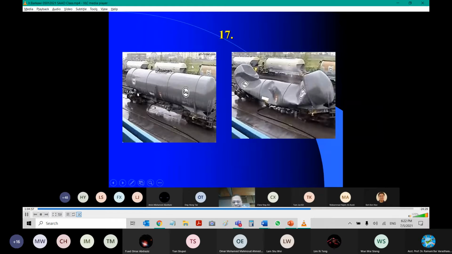Now the temperature outside is about 0 degrees or something like that, or -1, -2. And as soon as the tank cools down, this is what happened. Now this is the work of atmospheric pressure. Don't underestimate atmospheric pressure. That's what I'm trying to stress here.